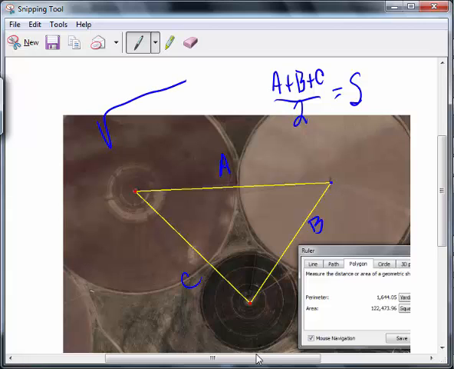Then you take the square root of the semi-perimeter times the semi-perimeter minus each of the sides, and you will get the area of that figure.